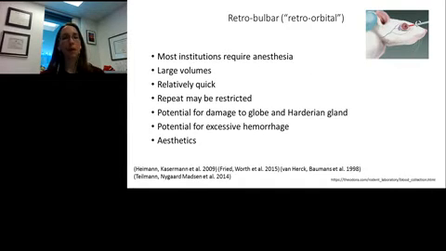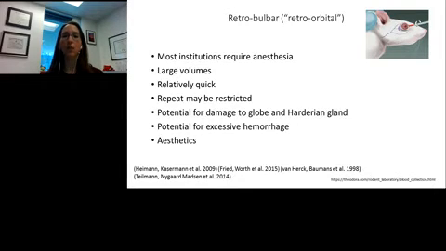So retrobulbar, or often referred to as retroorbital phlebotomy technique, is generally described as using a capillary tube to go at either the medial or lateral canthus of the eye. I've seen both reported. Some institutions will require that mice be anesthetized for this procedure. You can get large volumes of blood quite quickly using this procedure.